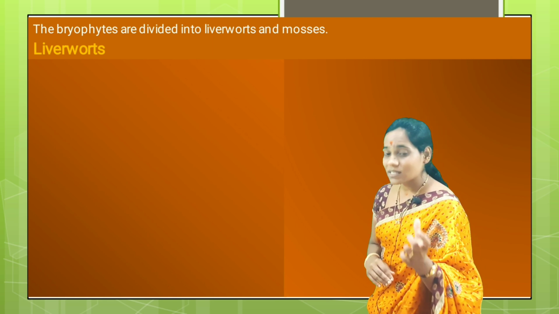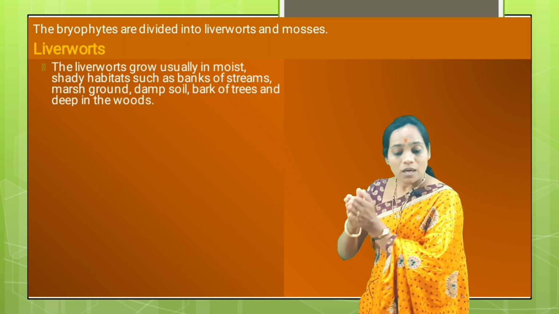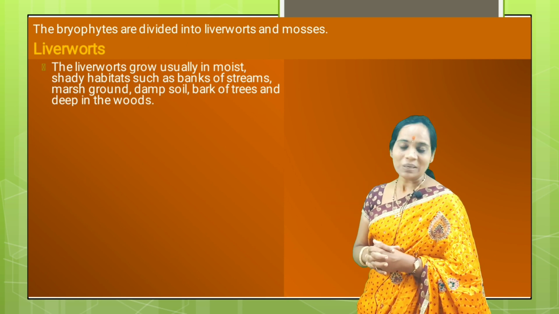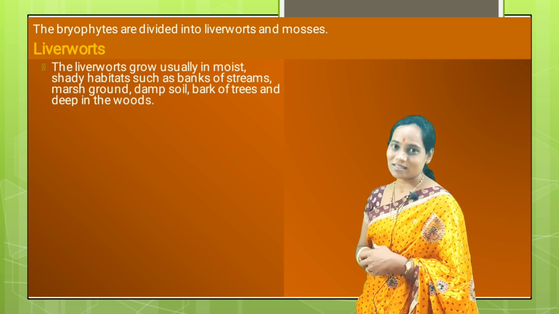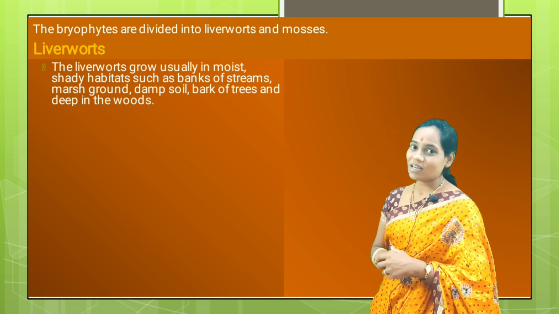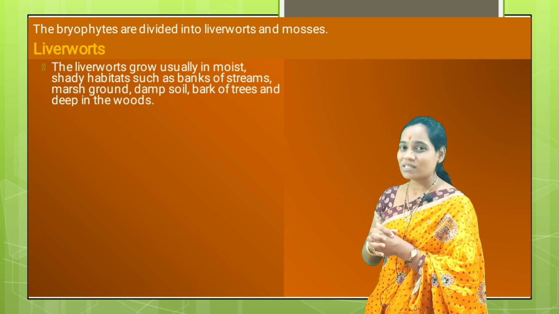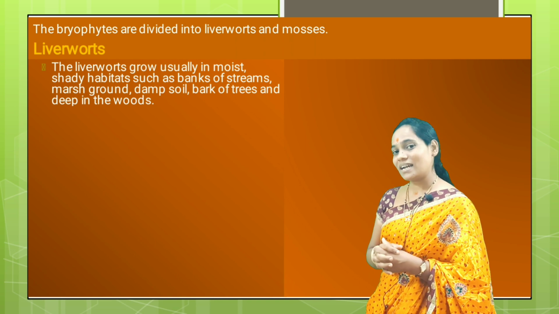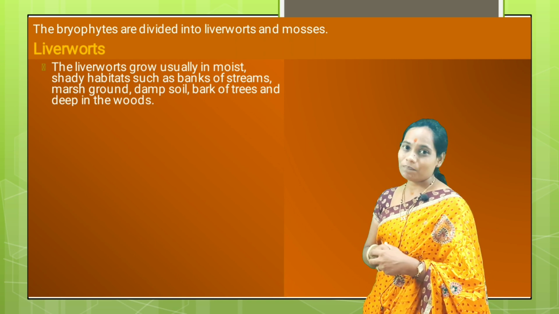The liverworts are found growing in moist, shady places because they are bryophytes. Remember, liverworts are found growing in moist, shady places. Shady places means where the sunlight is not properly available.